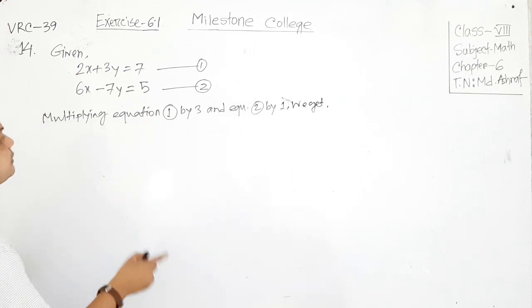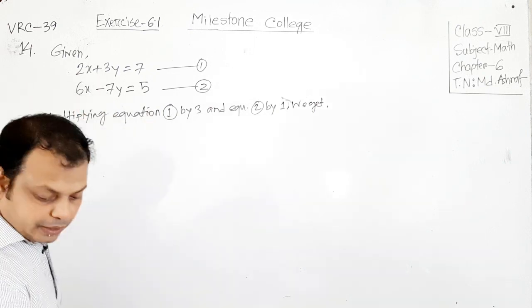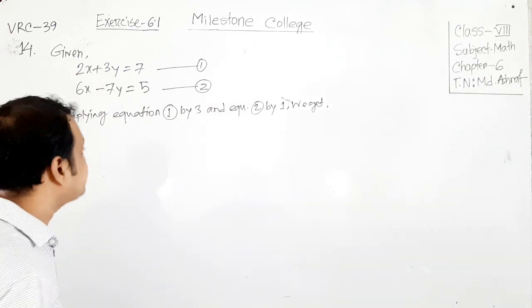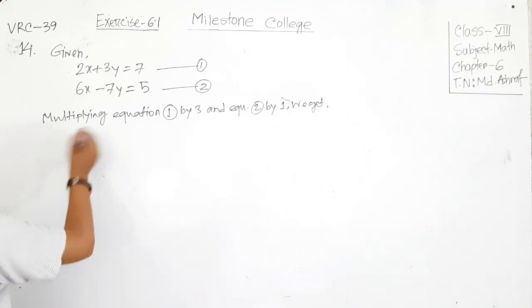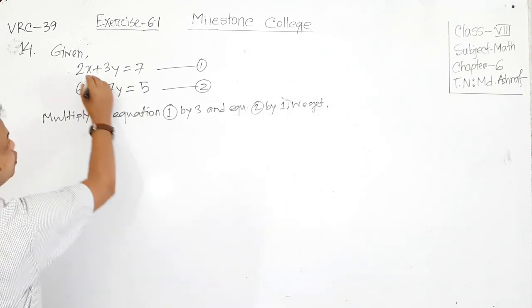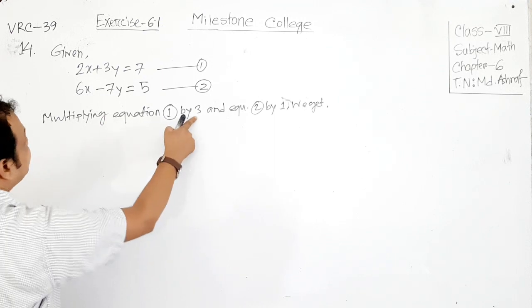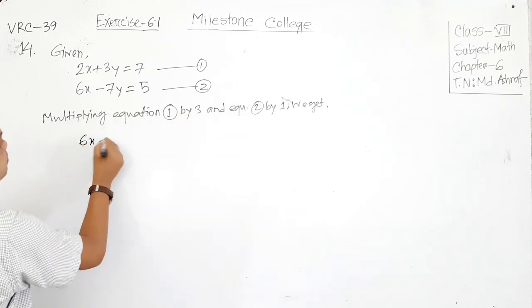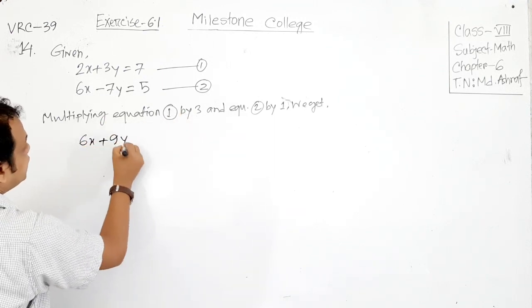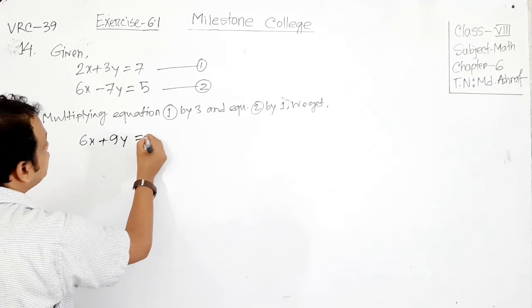So how do we get? Equation 1 will be multiplied by 3, then how do we get? 2x multiplied by 3, then it will be 6x plus 9y equals 21.